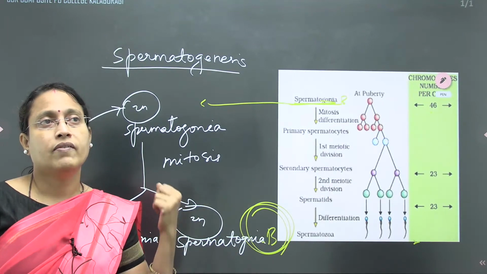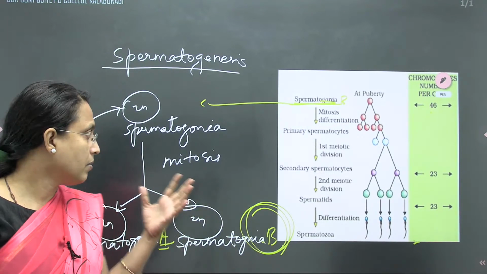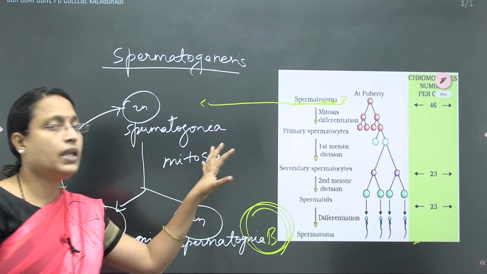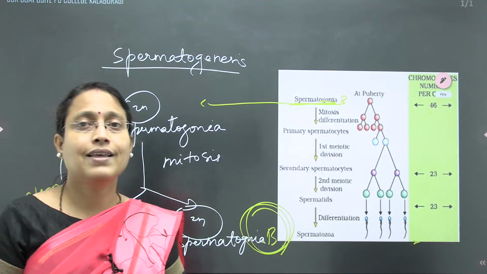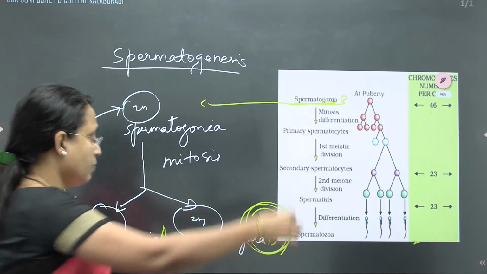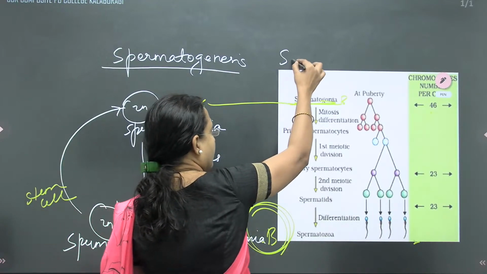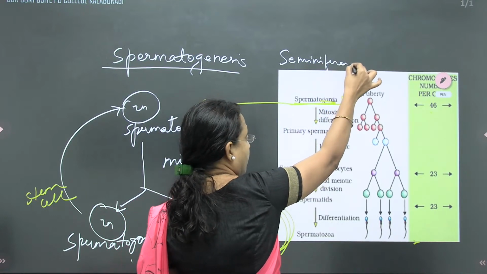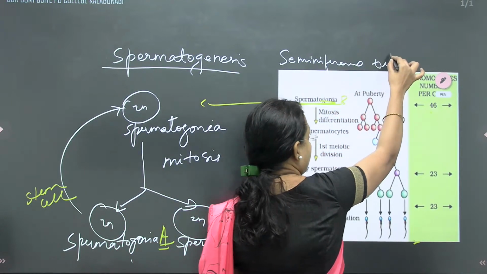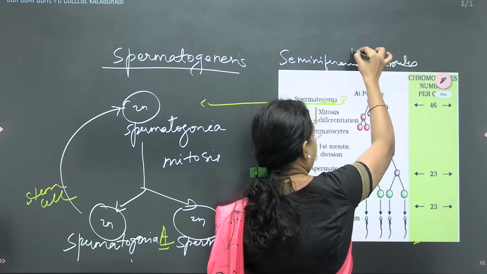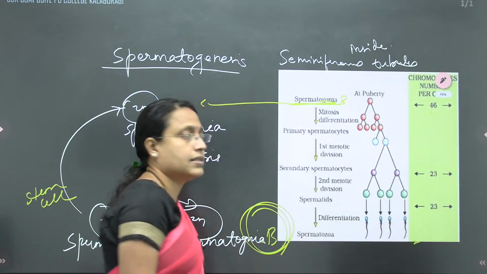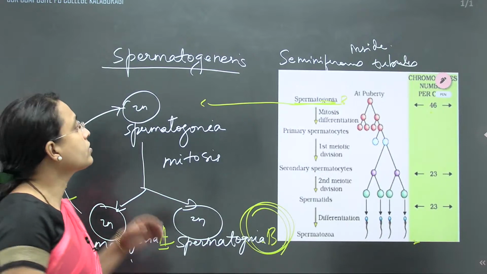This completes the explanation regarding the spermatogonia, where it finally is present, within the seminiferous tubules. Of course, all these cells will be present inside the seminiferous tubule. All this process will be occurring inside the seminiferous tubules.